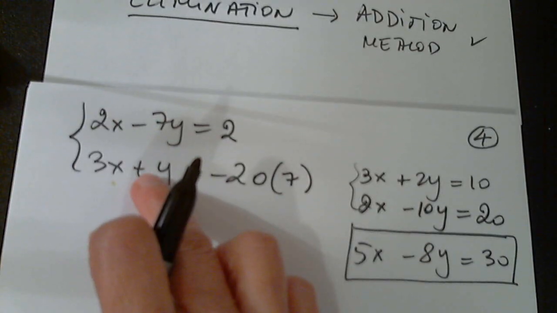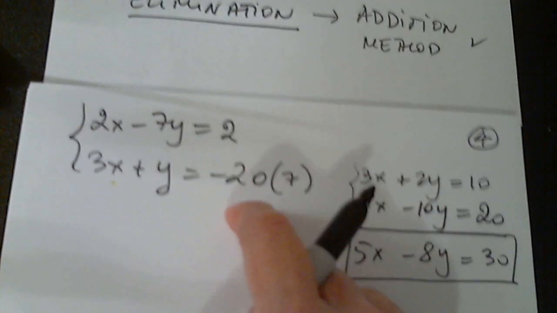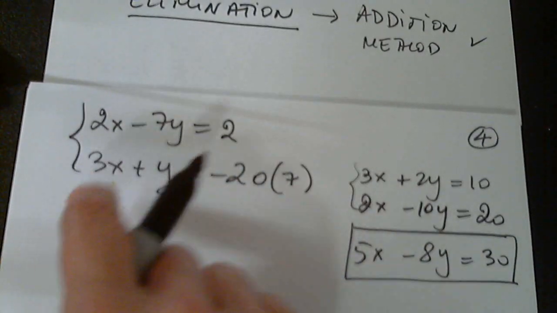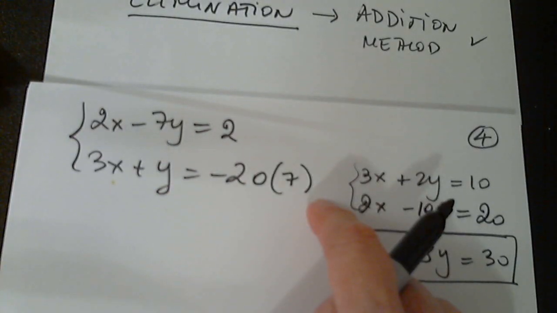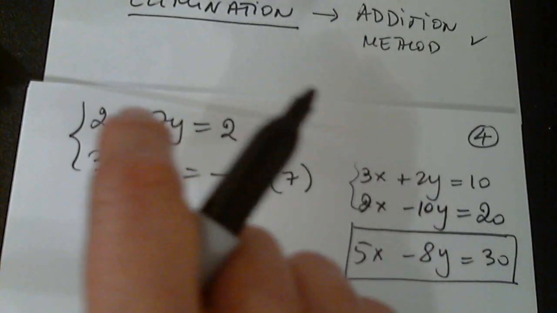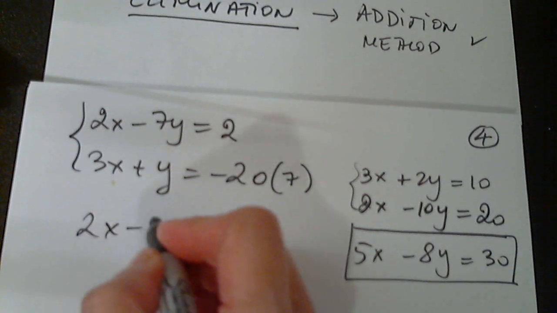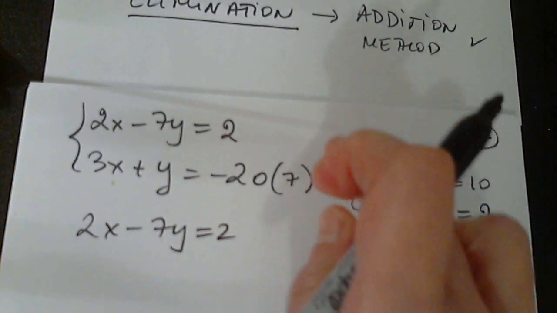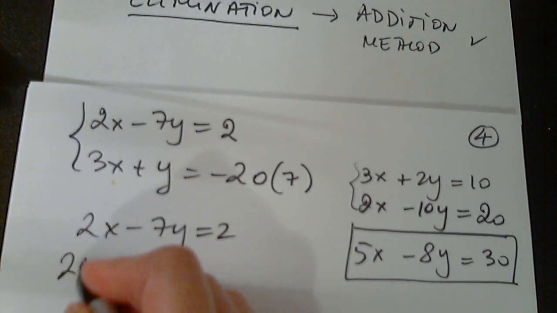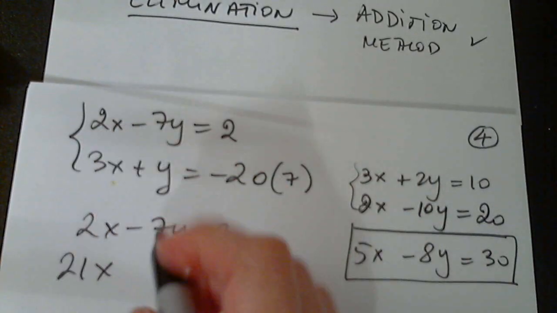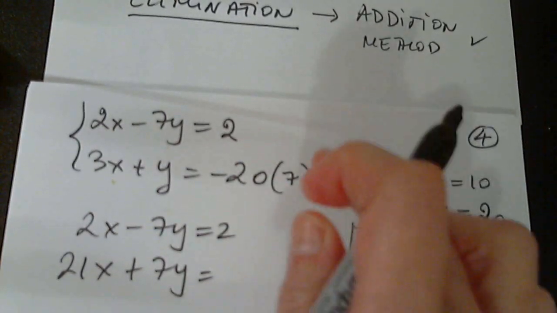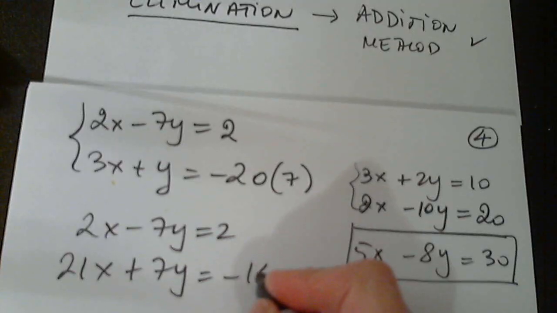Not just this term. No, no, no. Everything. Because if I multiply everything by 7, I don't change the equation. So I copy the first one. 7 times 3x, 7 times y, 7 times negative 20.